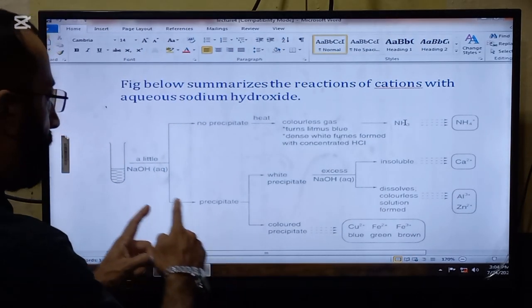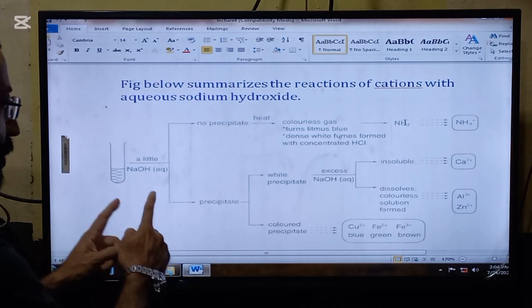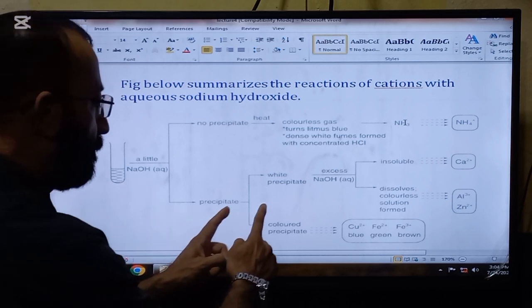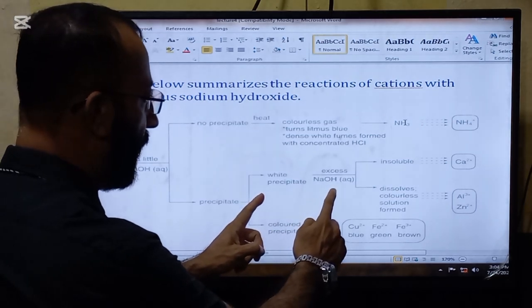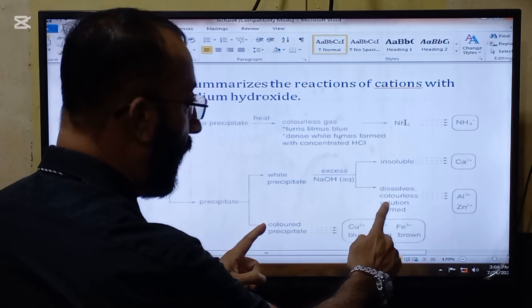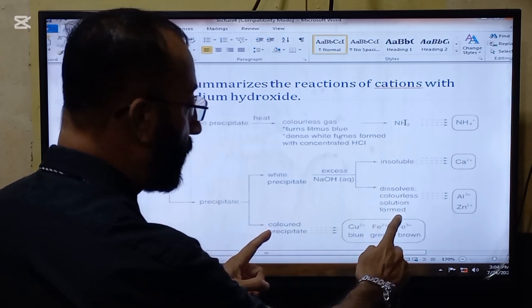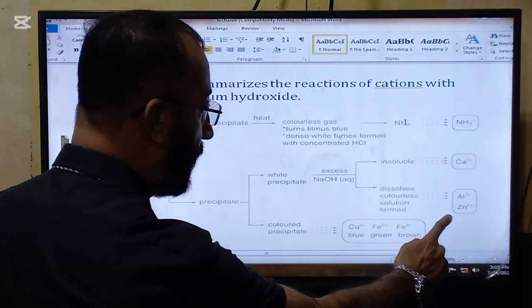If the metal ion reacts with the aqueous NaOH, a white precipitate is formed, and on further reacting with excess NaOH it dissolves and a colorless solution is formed, then it will be either the aluminium ion or the zinc ion.